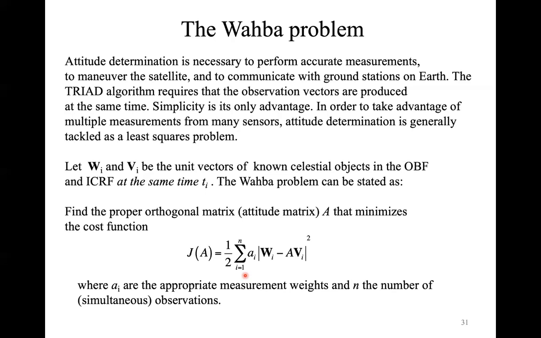So I already discussed how to solve the triad algorithm. The Wahba problem is not the solution, but only the problem. So we have to introduce an algorithm to minimize this cost function. We want to minimize the errors between the measured observation and the observed observation given the known position of those bodies.